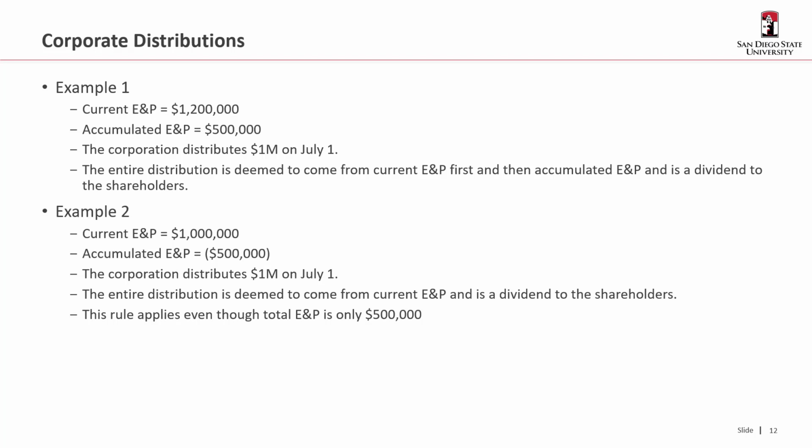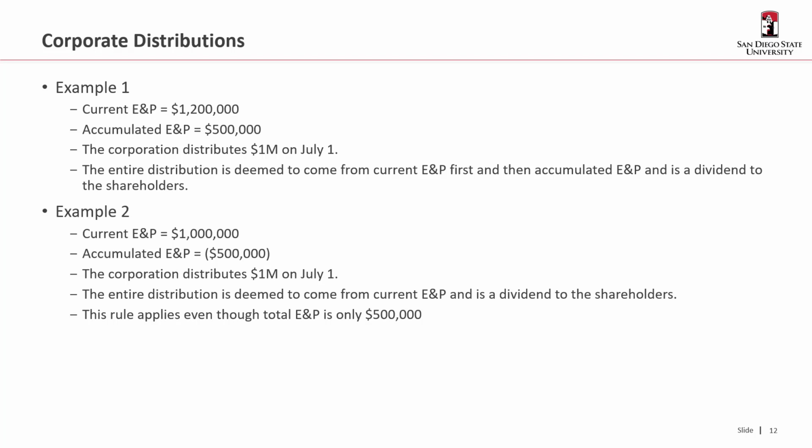So as a result, because I have $1 million of current E&P for the year, all of it comes out of current E&P. And this is true even though at year end, I would only end up with total E&P of 500,000, right? The million plus the deficit of 500,000. It doesn't matter. The rules require you to deem it as it came first from current E&P because current E&P is positive. Okay? So again, part of this is just understanding the rules.